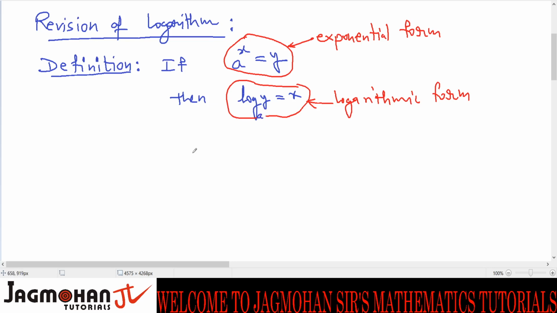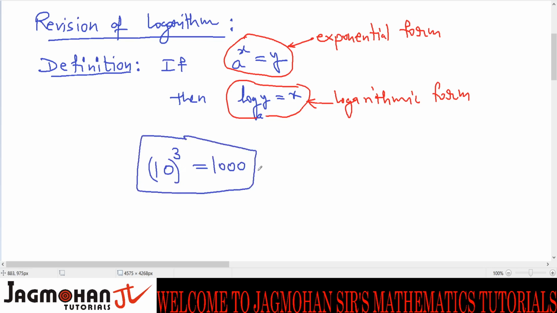I will give you one example here. Suppose you have 10 raised to 3. Tell me students, if the base is 10 and you have power of 10 as 3, what will this be equal to? Very simple, 1000. So this is exponential form.